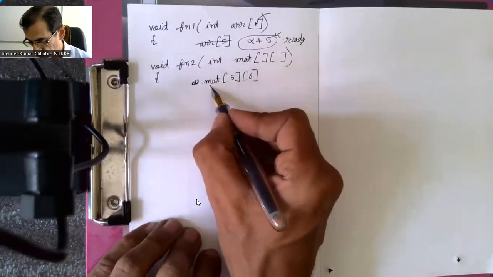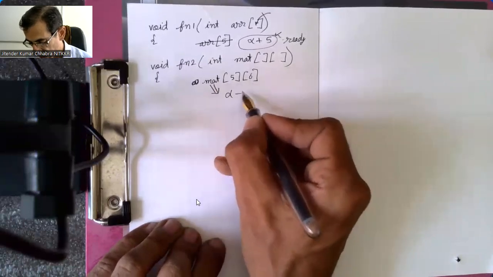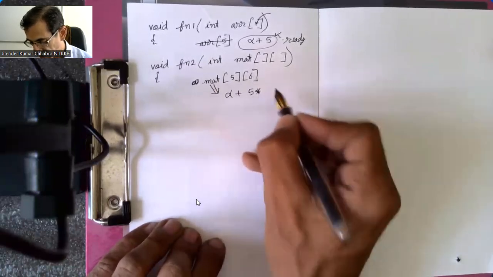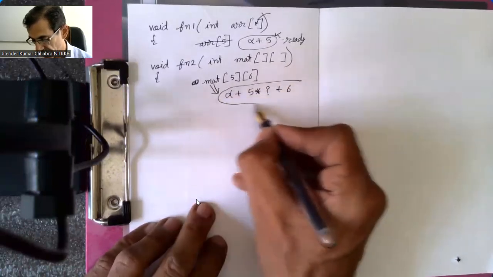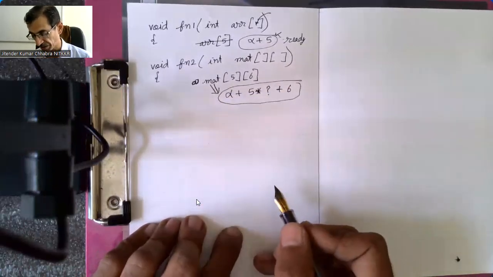Internally, this needs to be converted into alpha plus 5 into something plus 6. The compiler has to do this conversion.